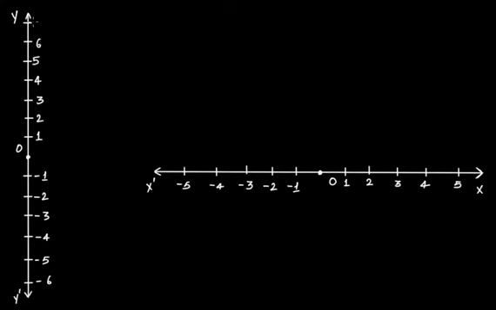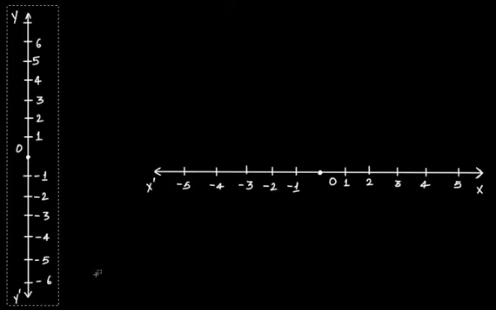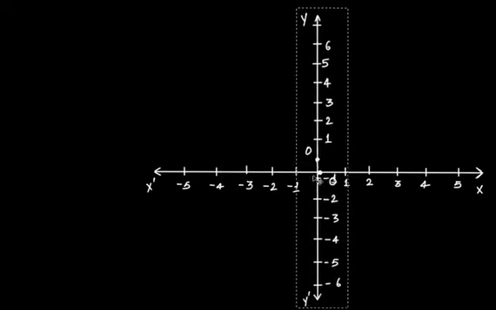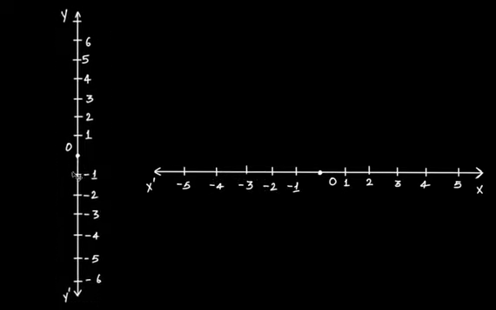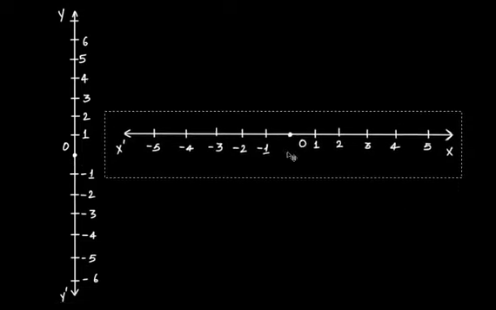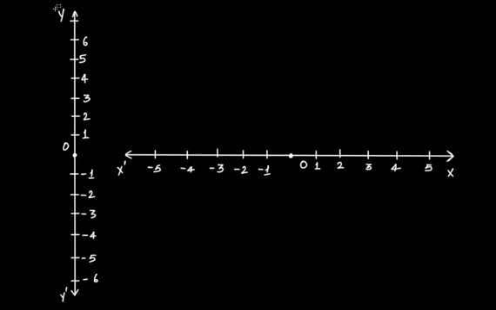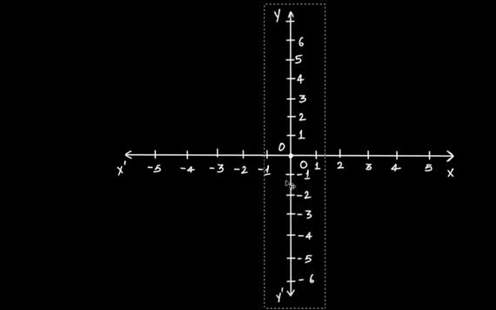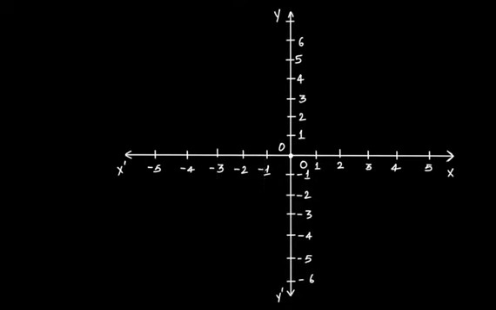Now, we take our vertical number line and the horizontal number line, and they intersect at the point which is called the origin.